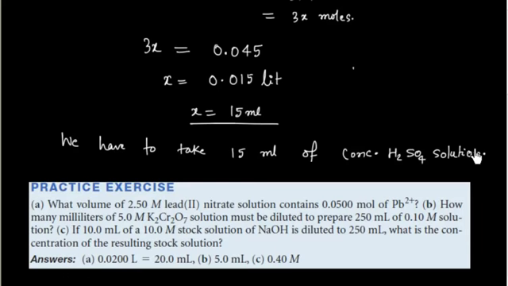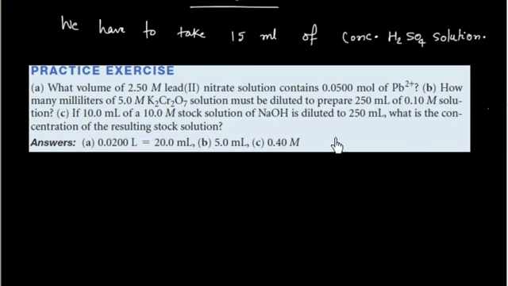Now let us do this practice exercise. Basically we have first one: what volume of 2.5 M lead nitrate solution contains 0.05 mole of Pb2+. So let us discuss part A. We have lead nitrate, Pb(NO3)2, and in solution it can dissociate, it can give you Pb2+ and 2NO3-.